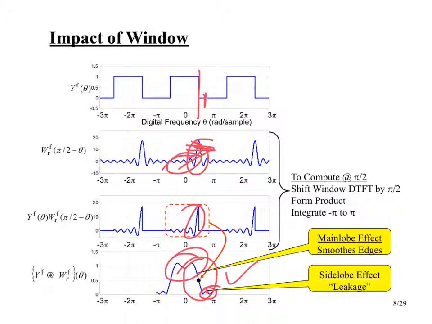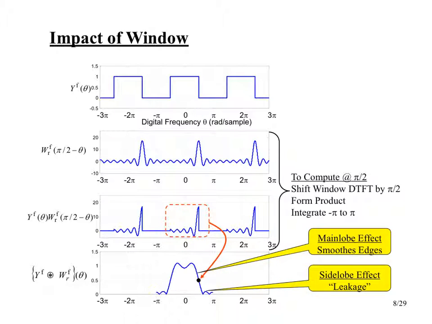So mainly what we're seeing is that the main lobe width is responsible for how fast that drops off. A narrower main lobe will give us a faster drop off, which will show this instantaneous drop off better. And it's the side lobes that result in this up and down smoothing or smearing.